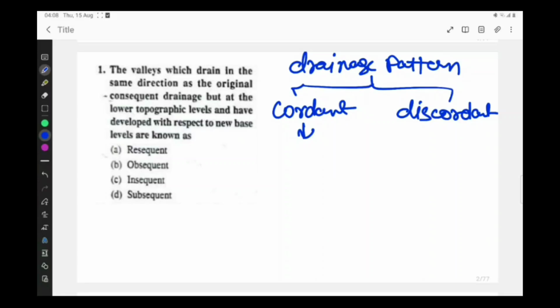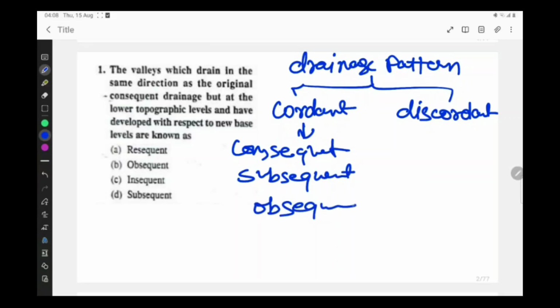Further, in concordant drainage pattern, there are several types: the first, consequent, subsequent, obsequent, resequent, and in discordant there are majorly two types. The first one is discordant drainage pattern, also called insequent. Both are the same, discordant or insequent.